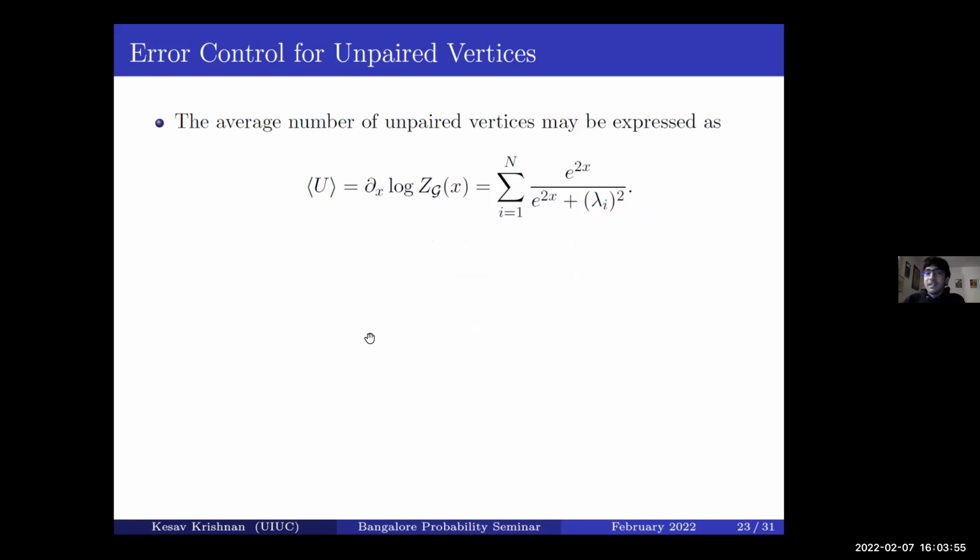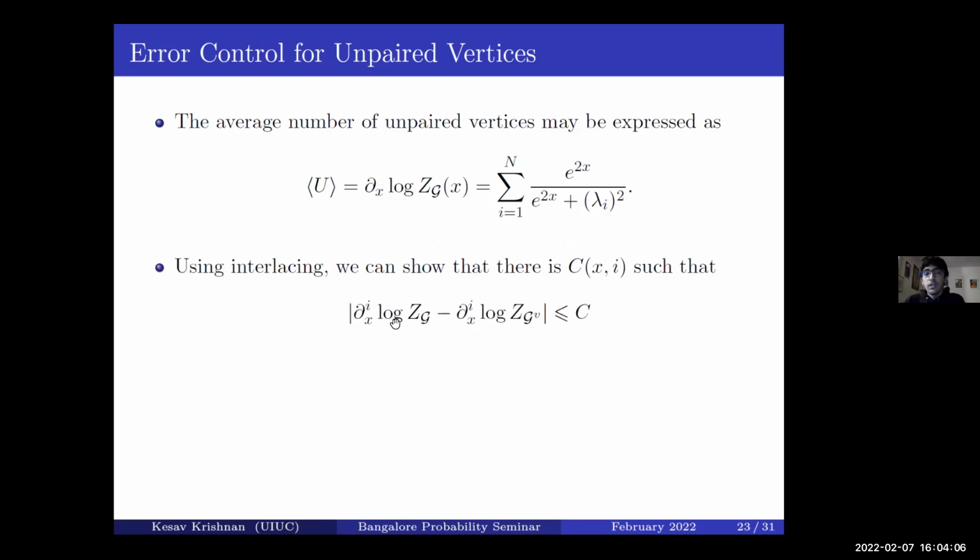So the average number of unpaired vertices, the Gibbs average of the number of unpaired vertices, can be expressed in terms of these zeros just by taking the derivative. And using the interlacing, you can also control the effect of the removal of a single vertex.